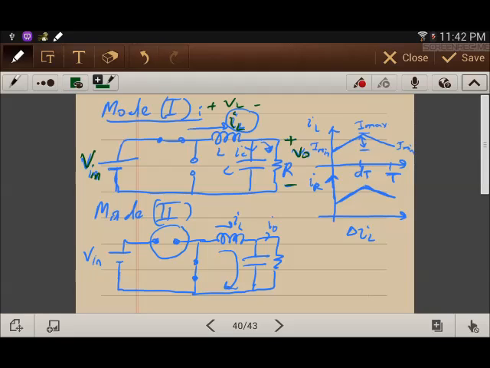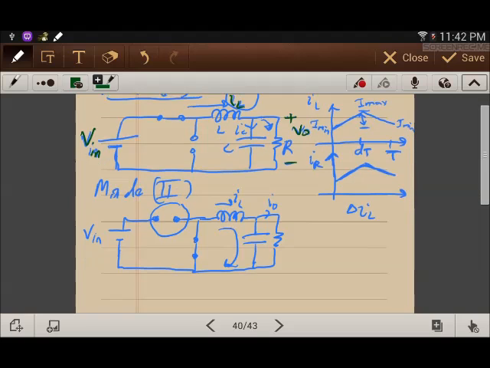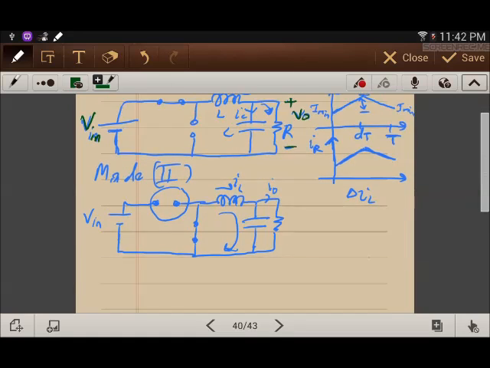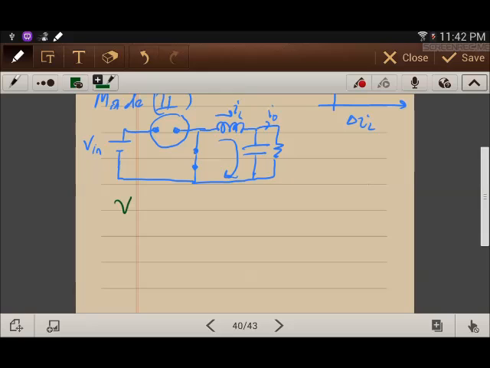The sum of the voltage sources equals the sum of the voltage drops. So V input is equal to VL plus V output. So VL, the inductor voltage, is equal to V input minus V output.